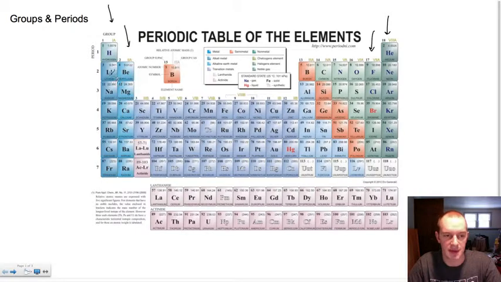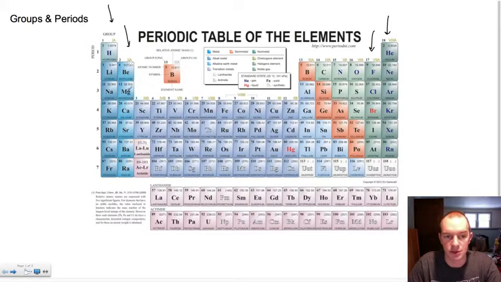As a result of them having common properties, some of these groups have special names associated with them. This first group right here, group 1, group 1A in fact, is referred to as the alkali metals. The exception to that is hydrogen, because hydrogen is not a metal altogether. It's placed there for a reason I'll talk about in just a couple of minutes.